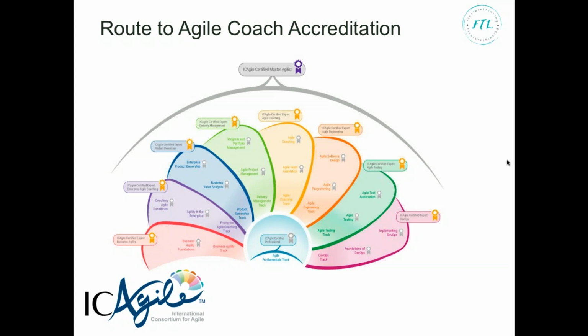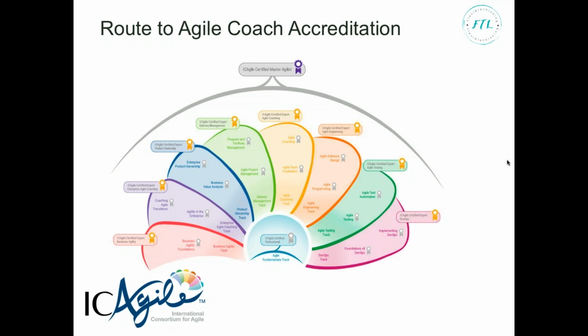where they split Agile up into a whole bunch of different focuses. So there are focuses on Agile engineering, on Agile testing, on DevOps, on business agility, product ownership, the stuff you'd expect. But there's also a fan on Agile coaching, the business of being an Agile coach, and that's the subject of the webinar today.